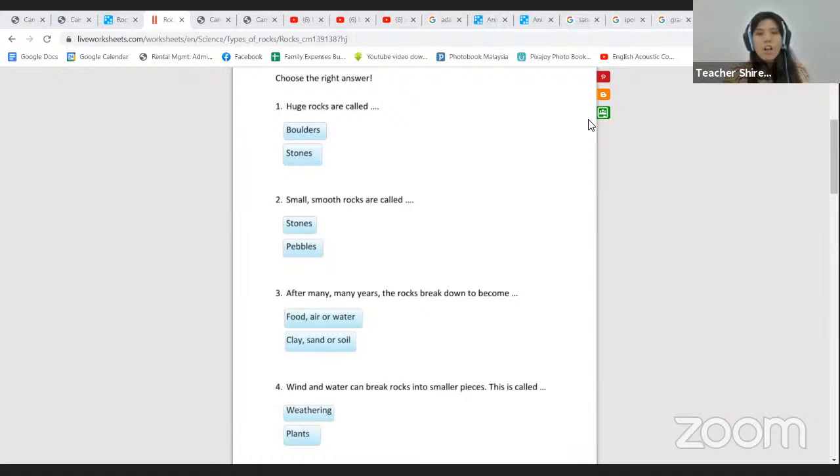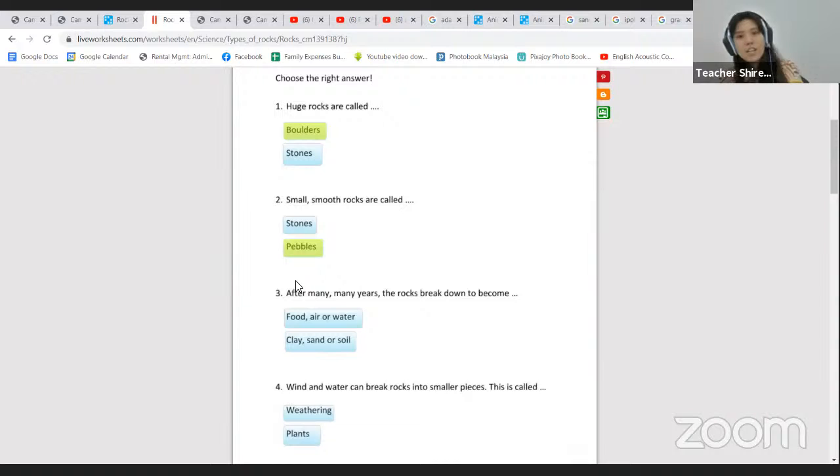Huge rocks are called boulders. Click onto the word boulders. Awesome. Number 2, small smooth rocks are called small little pebbles. Good. Pebbles. Okay.